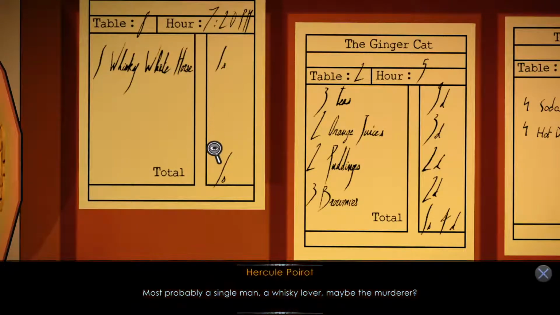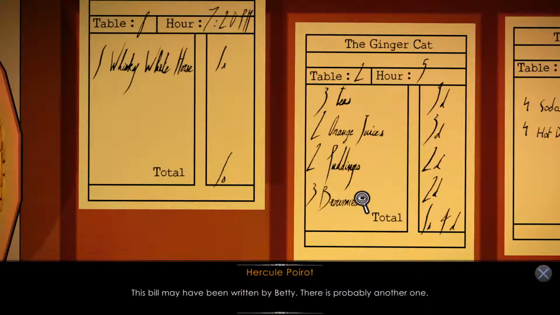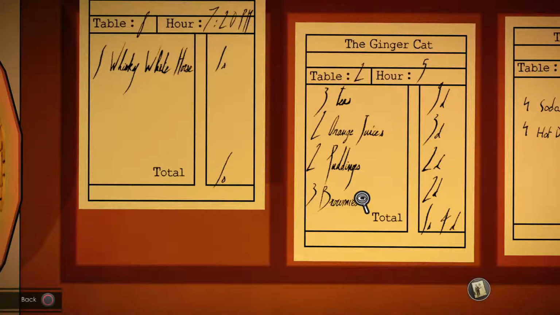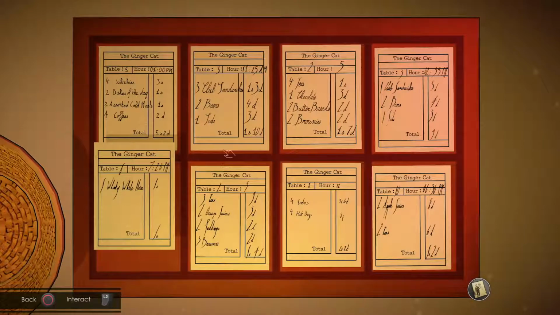Most probably a single man, a whiskey lover, maybe the murderer. This bill may have been written by Betty. There is probably another one. She doesn't write her ones like that.